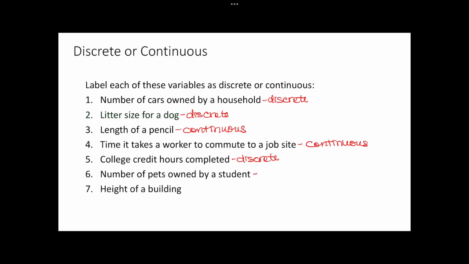We could list out the possible number of pets one by one. How about the height of a building? Generally speaking, when we're talking about height or weight or length or time, those are all examples of continuous variables. They take on values over a range. I couldn't list out the individual possible values all at once. So this is continuous.